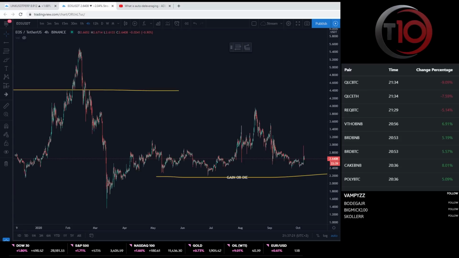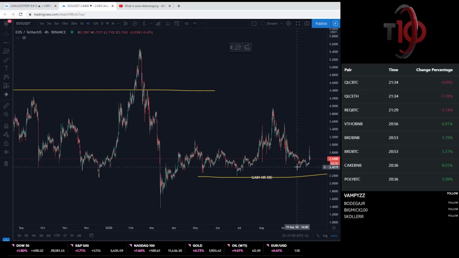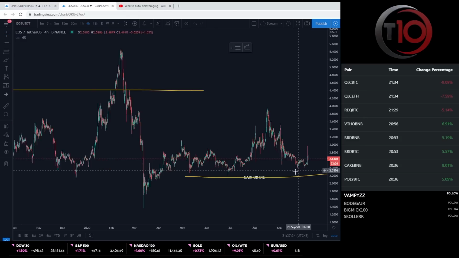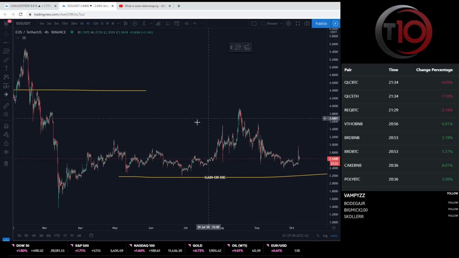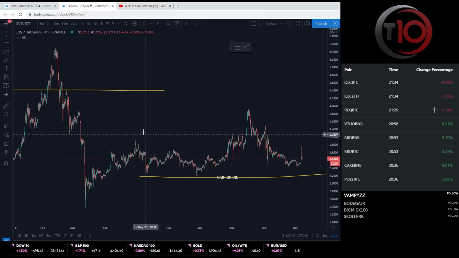I like it too, but many altcoins are looking like this now because they are testing and trying to hold the must-hold levels more or less. Let's see.